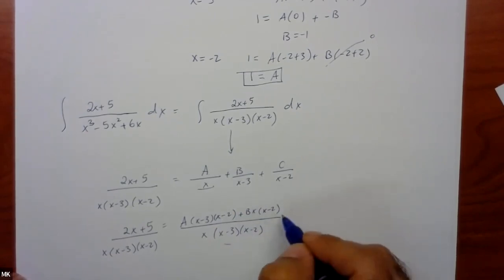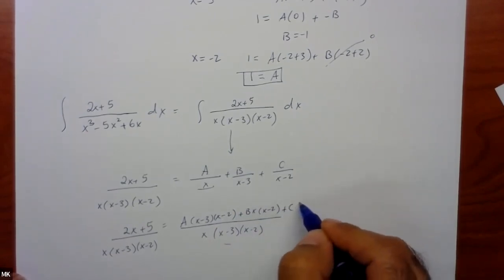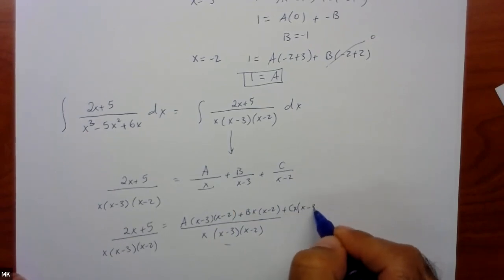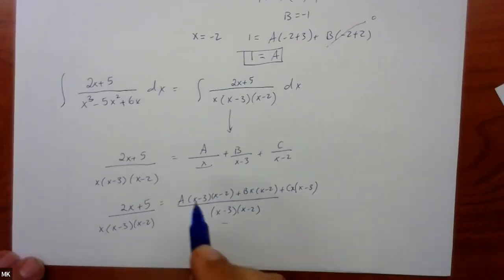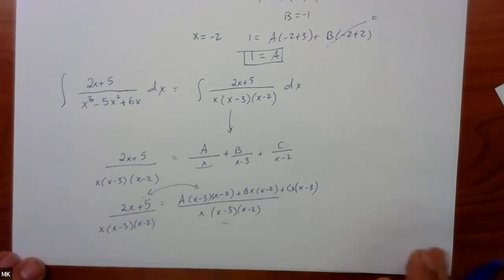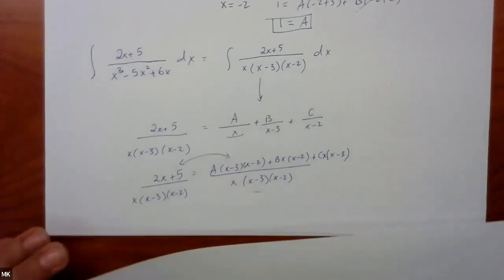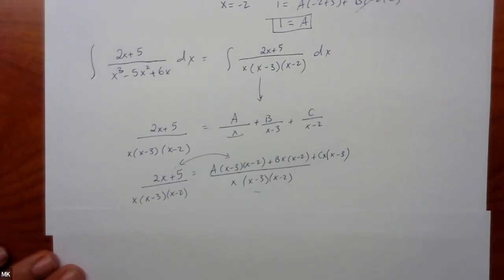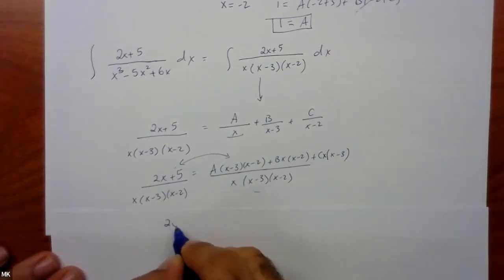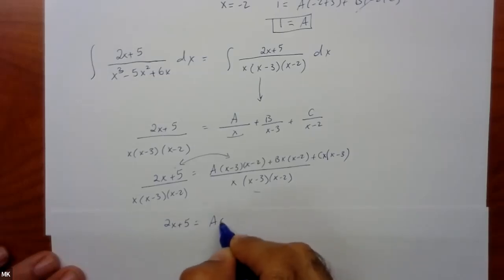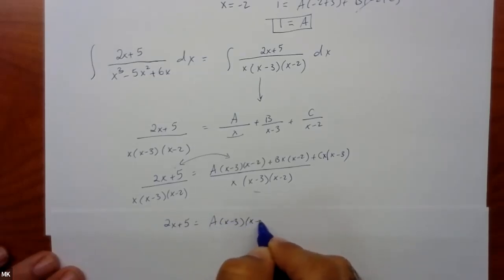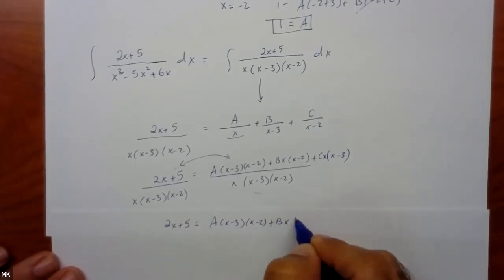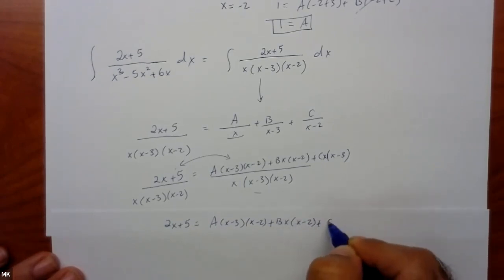C already has an x minus 2, so it needs an x and an x minus 3. Then I'm going to set these two sides equal to each other. So I'm going to set 2x plus 5 equal to A(x minus 3)(x minus 2) plus Bx(x minus 2) plus Cx(x minus 3).